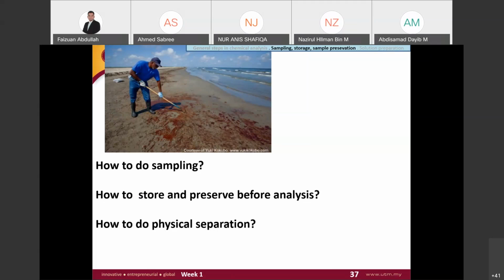We can use the sieve to get the right particle size that we want, so that we can remove all the contaminants, all the stones and rubbish inside the sample. All right, and how do we remove the contaminants from the smoke sample?